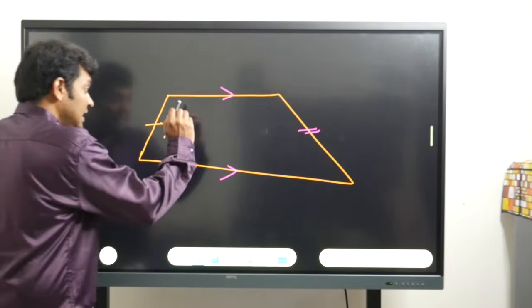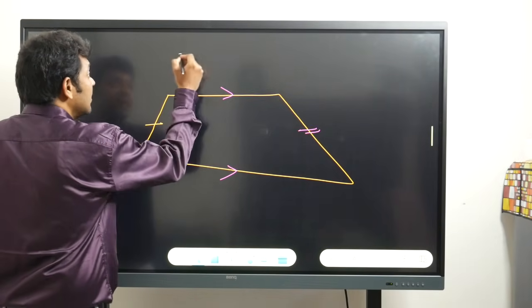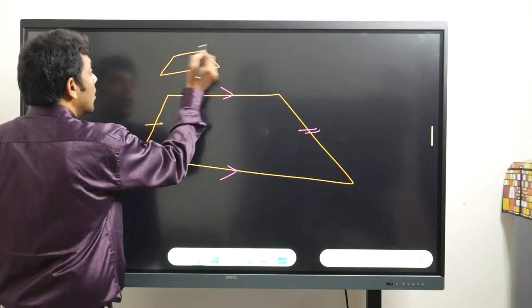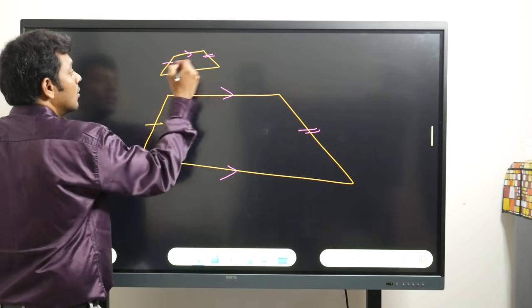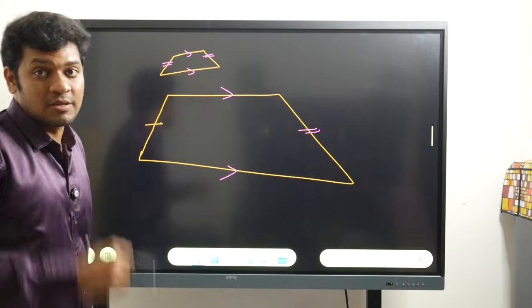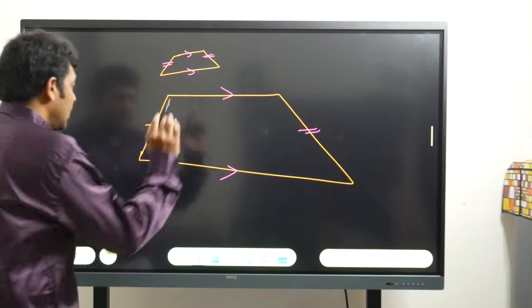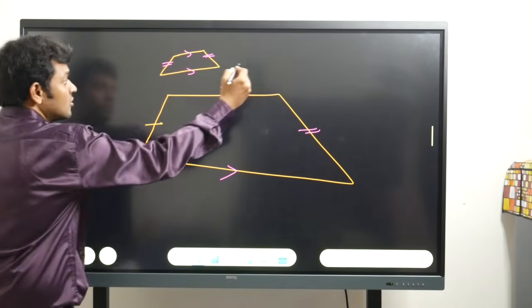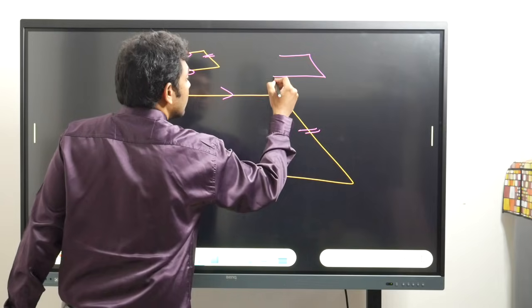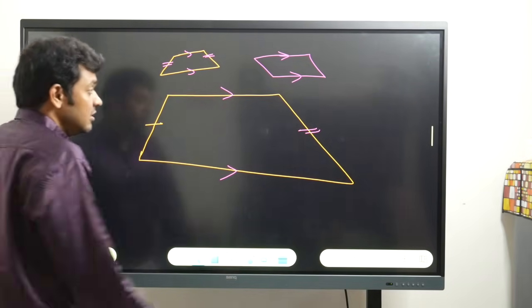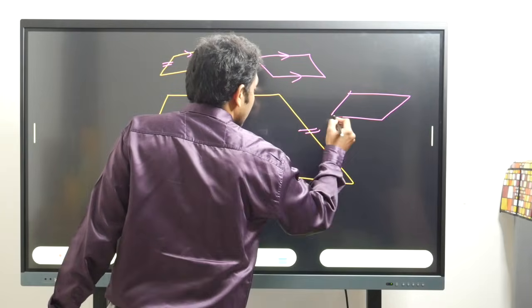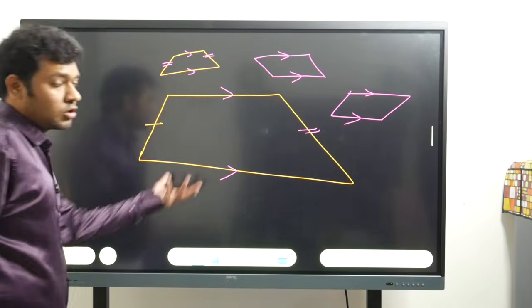In a trapezium, if these two non-parallel sides are equal, it's called an isosceles trapezium. That's about it. And it need not be only inclined like this; this is also a trapezium, these two sides are parallel. Even this is also a trapezium, these two are parallel.